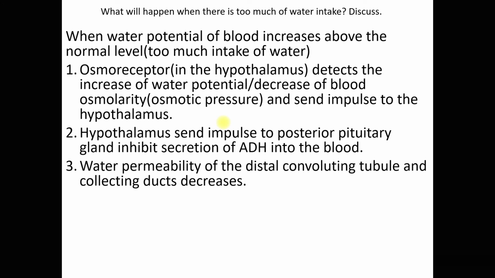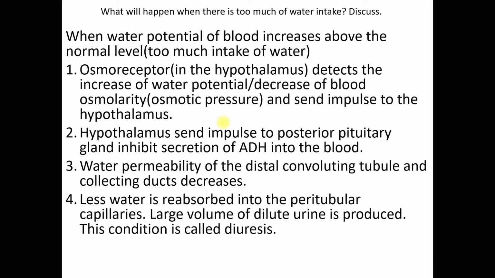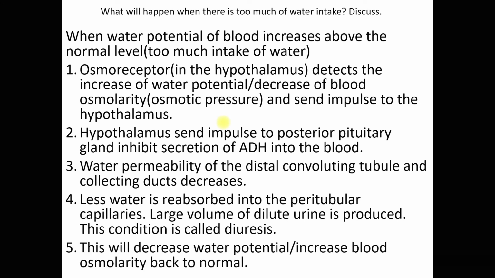So water permeability of the distal convoluted tubule and collecting duct decreases. So less water is reabsorbed into the peritubular capillaries. So a large volume of dilute urine is produced. And this condition is called diuresis. This diuresis will decrease the water potential back to the normal level.